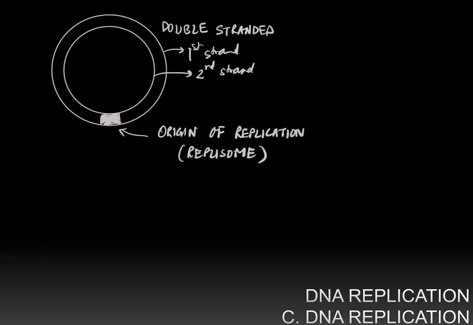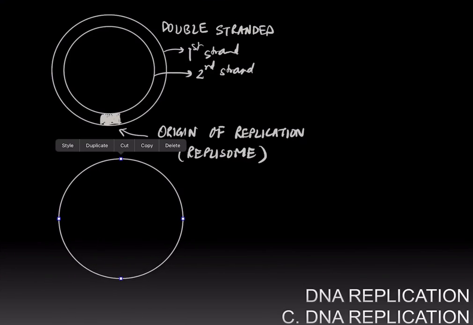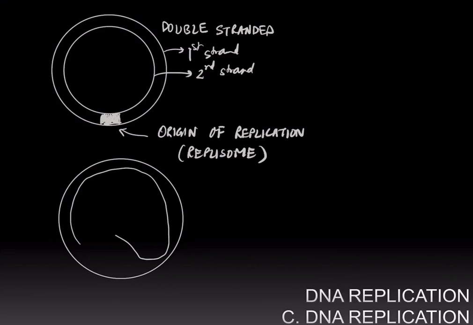Once the replisome has assembled, what will in fact happen is that this double helix is going to get unwound. So it's going to look something like this.